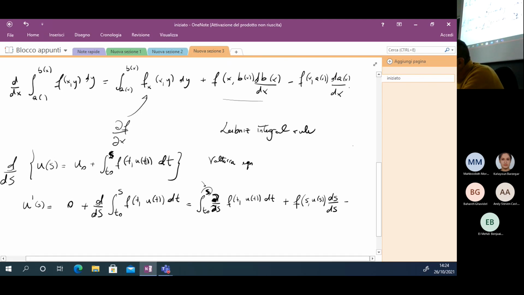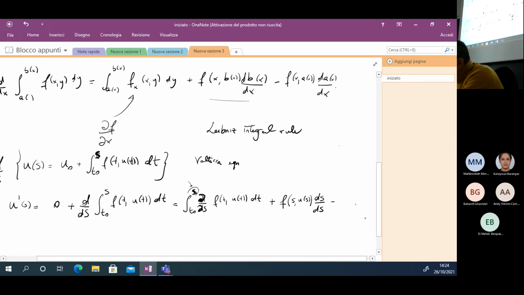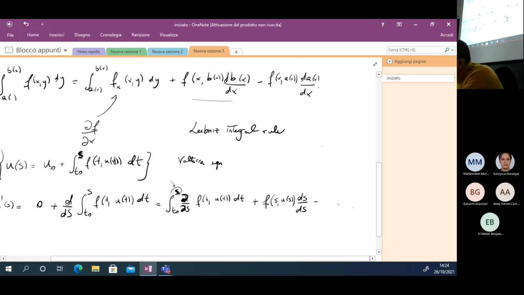Then I have minus f evaluated in the lower part, in t naught, f of t naught, u of t naught, times the derivative of t naught with respect to S. This thing here does not depend on S. It's a function of t and u of t, so this thing is 0.